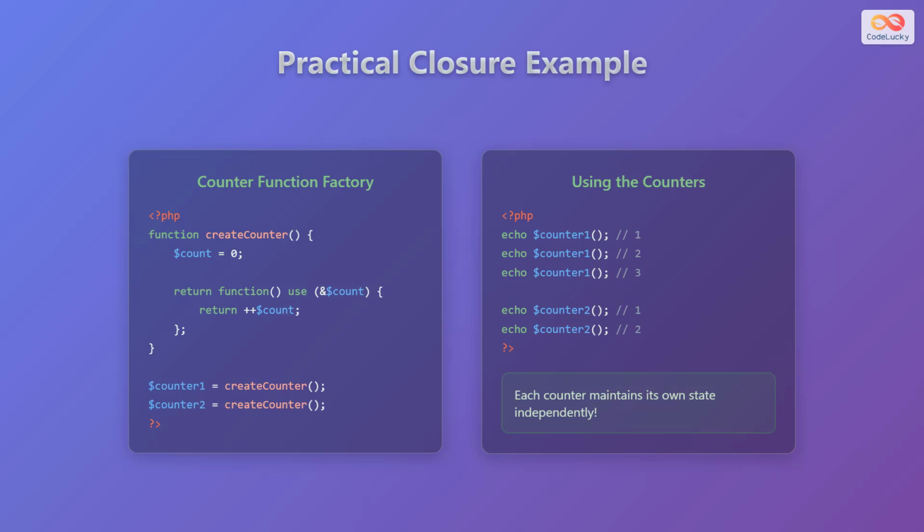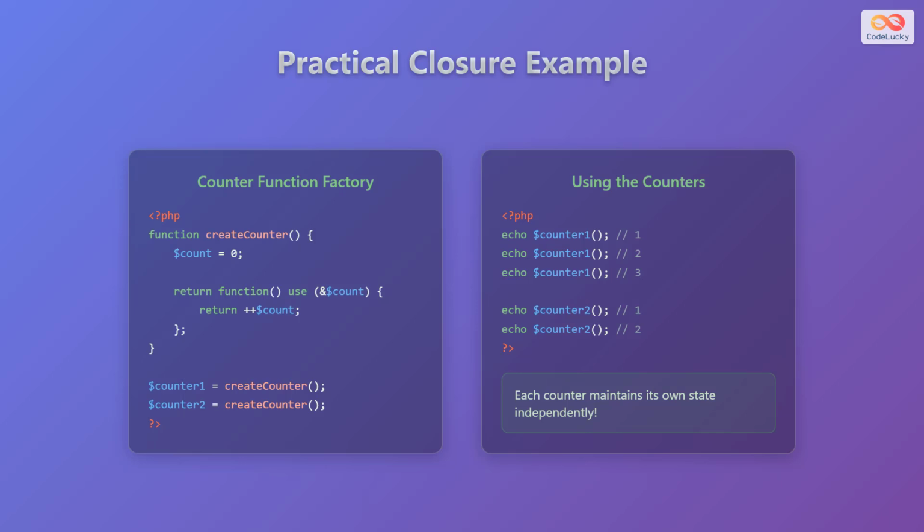The anonymous function increments the count variable and returns it. After the function definition, we assign the variable $counter1, the result of calling the function createCounter. Similarly, we assign the variable $counter2, the result of calling the function createCounter. Since the count variable is local to the function createCounter, each counter will maintain its own state independently.